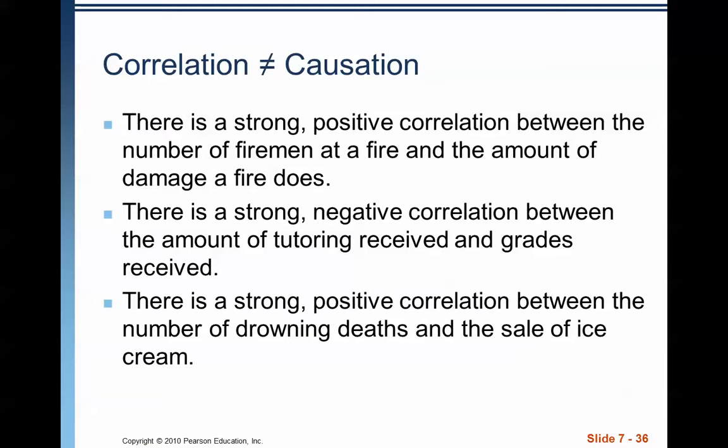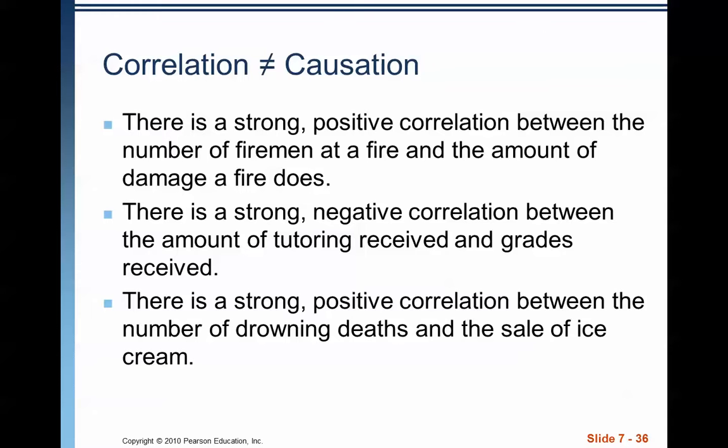There is a strong positive correlation between the number of drowning deaths and the sale of ice cream. And this is true, right? As the number of drowning deaths increases, so does the sale of ice cream. And it's not because ice cream is causing drowning deaths, or vice versa. People don't drown and then go eat ice cream. It's because people don't eat ice cream in the winter as much.